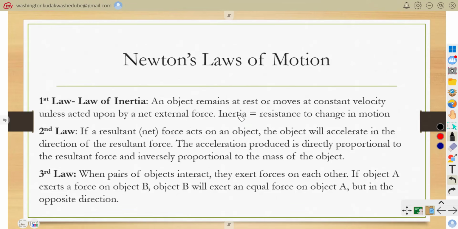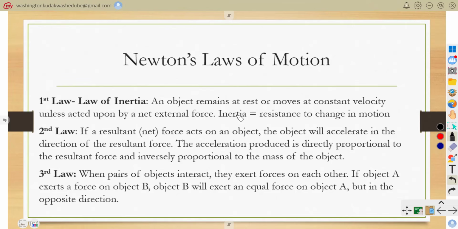This is the property of a body to resist any type of motion. If you are seated at the back of a bakkie and the driver suddenly applies the brakes, you see yourself continuously moving forward with the same speed until you find somewhere to hold on to. That is what we refer to as the property of inertia.